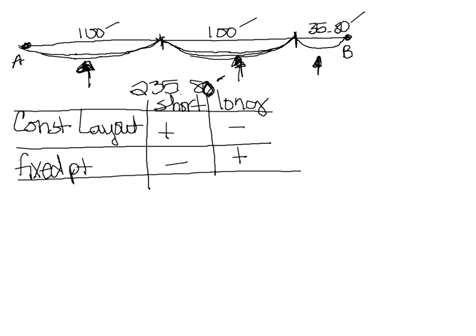Okay, so we have a fixed point problem. For a fixed point problem, you subtract the correction if it's short. You add the correction if it's a long tape.